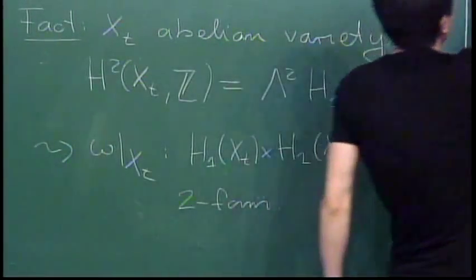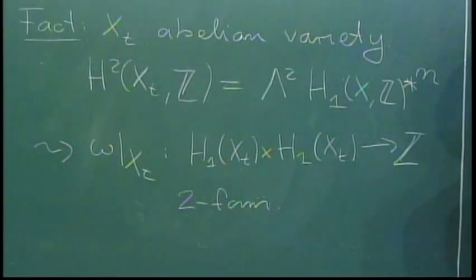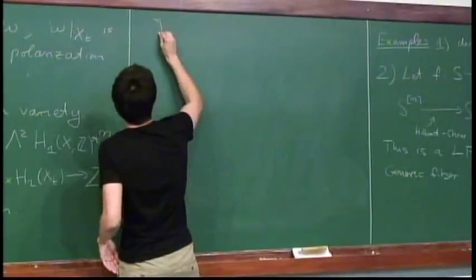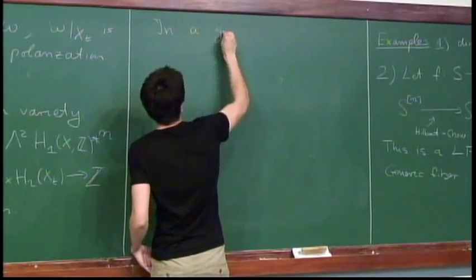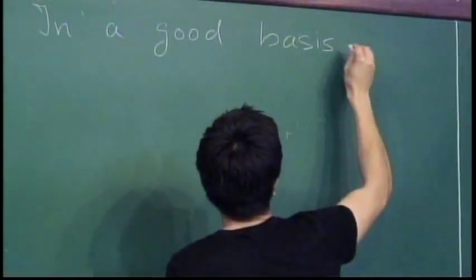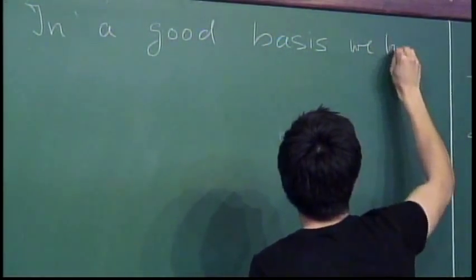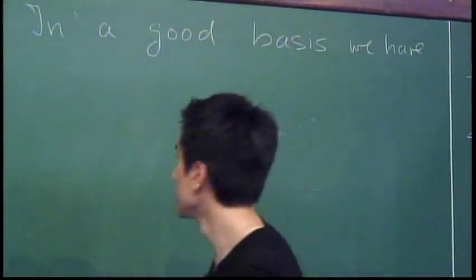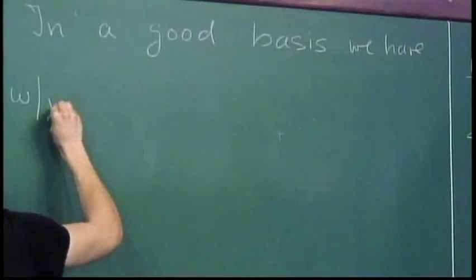Now the elementary divisor theorem tells us that in a good basis, we have the following representation of this two-form.